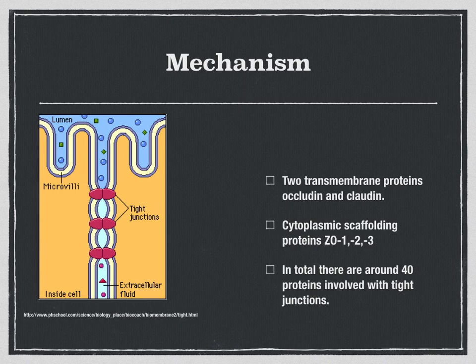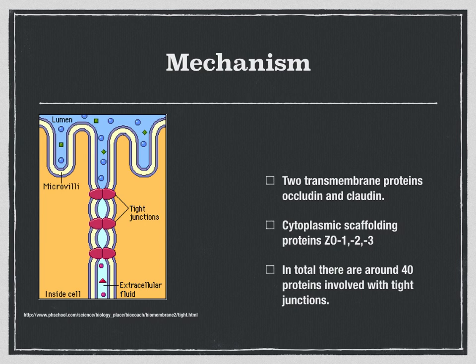And so now we're talking about the mechanism. Tight junctions have various proteins, but the two very important ones are transmembrane proteins, and they are occludin and claudin. These two transmembrane proteins are what connect the two cells together. It occurs through sealing strands, and these sealing strands are composed of these transmembrane proteins.